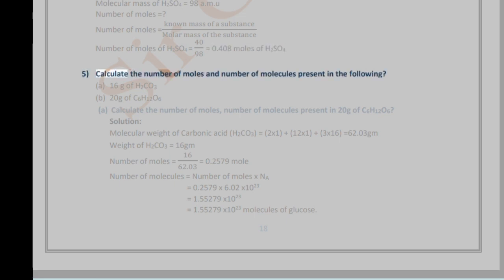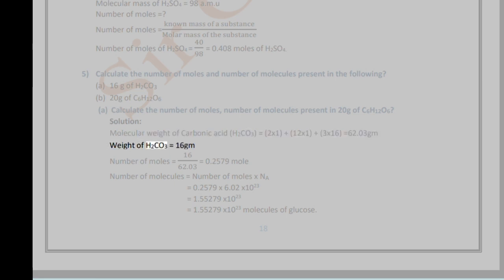Question 5. Calculate the number of moles and number of molecules present in the following: A. 16 g of H2CO3, B. 20 g of C6H12O6. A. Solution: molecular weight of carbonic acid, H2CO3, equals 2 × 1 + 12 × 1 + 3 × 16 equals 62.03 gm.